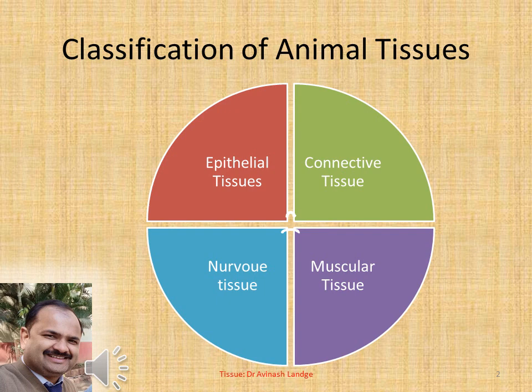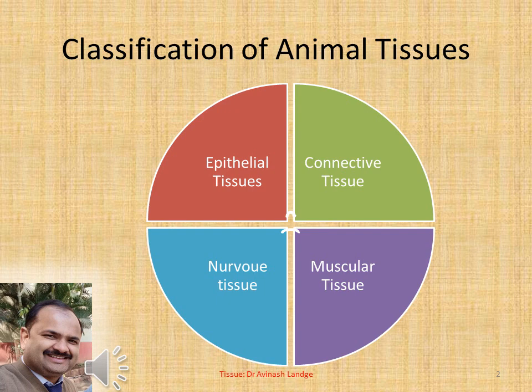Second type is connective tissue. Connective tissues are again divided into three types. They are connective tissue proper, skeletal tissues, and vascular tissues. Connective tissue proper is further divided into areolar tissues, white fibrous tissues, yellow fibrous tissues, and adipose tissues.